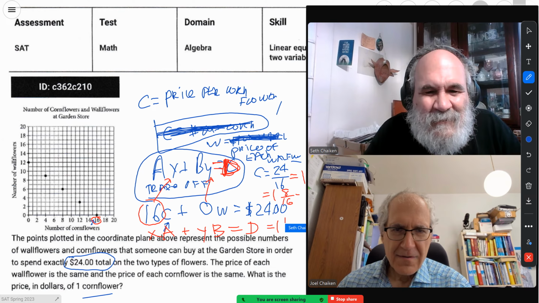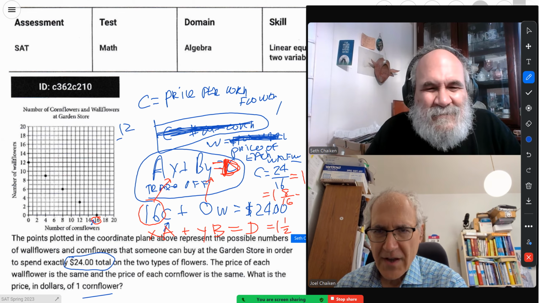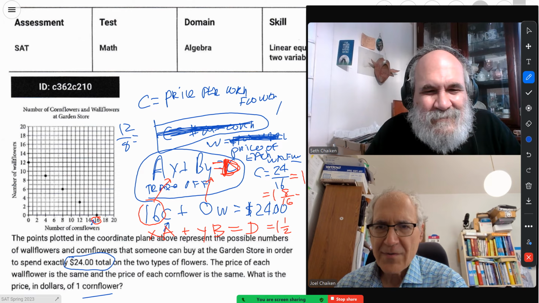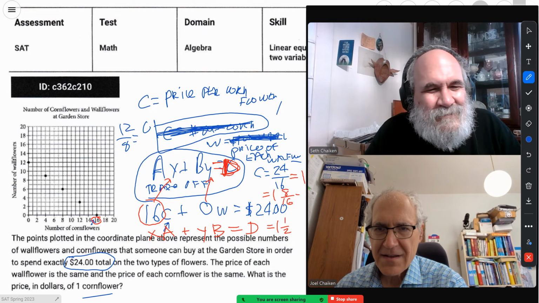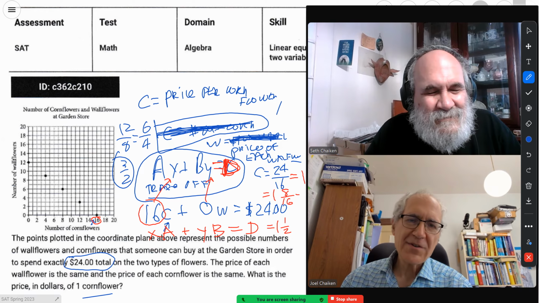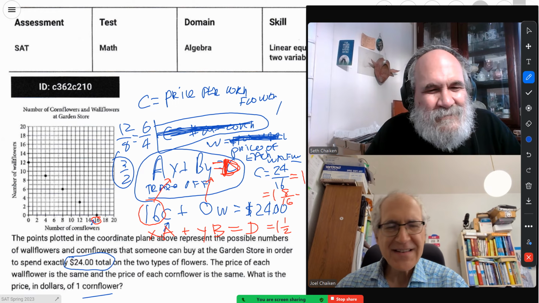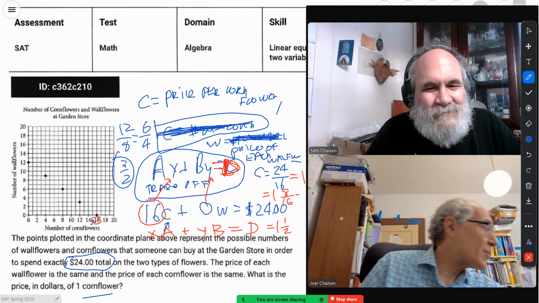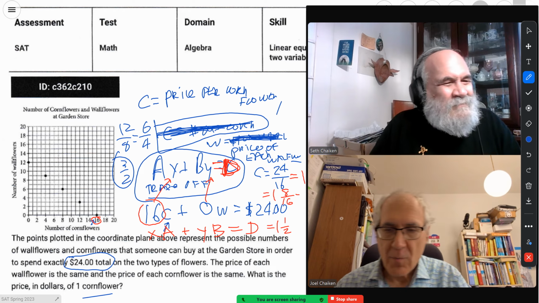It's 1.5. Yeah, but it's also 12 over 8. It's 12 over 8, but it's also 6 over 4, and it's also 3 over 2. So either 3 over 2 or 1.5. Either would do it, too. And I'm sure the SAT people would accept either 3 over 2 or 1.5.